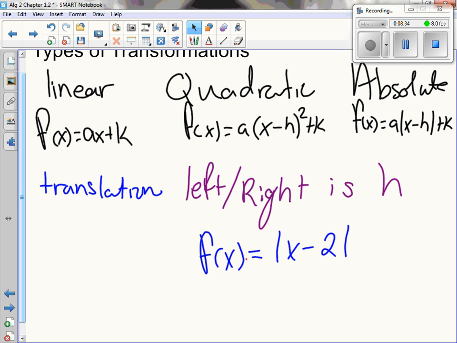Because, again, look at the basic function, x minus h. What is the value of h for this here? 2. Is it positive or negative? It's positive because the negative sign is in our function, isn't it? Because here it's x minus h. The value of h is positive 2.